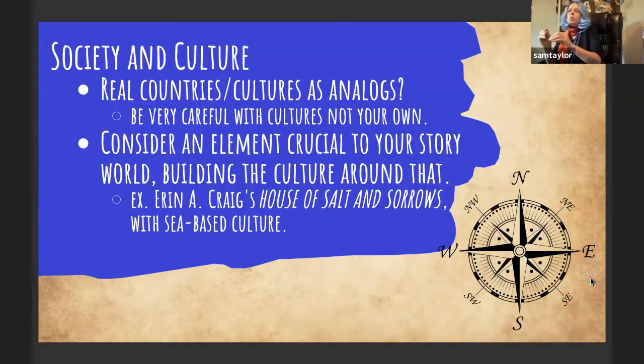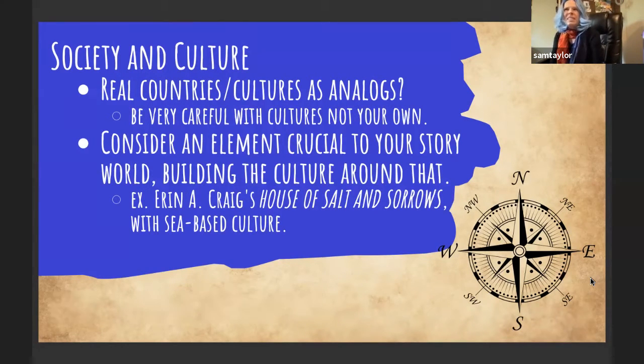Sometimes the author will say, this is a French inspired society, or this is an Eastern European inspired society. I do want to have a word of caution. You want to be very, very careful if you're using a culture or a country as an analog that is not a culture or country that you come from, that you grew up with, that you have experience with, that is part of your ancestry and your heritage.